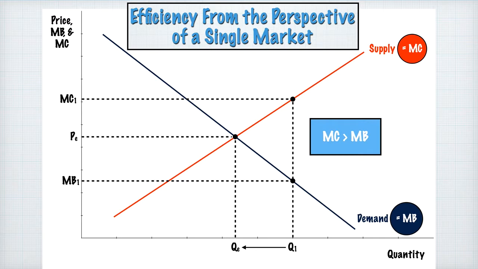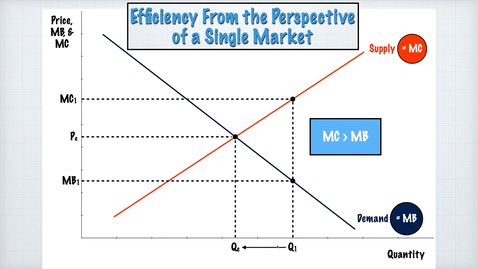So individuals are purchasing items at a higher price than the benefit they are actually receiving. For a numeric example, let's say they are spending $12 for something that only gives them $10 worth of benefits. So for every single output above QE, from QE to Q1, for every one of these units of consumption, marginal cost is greater than marginal benefit.